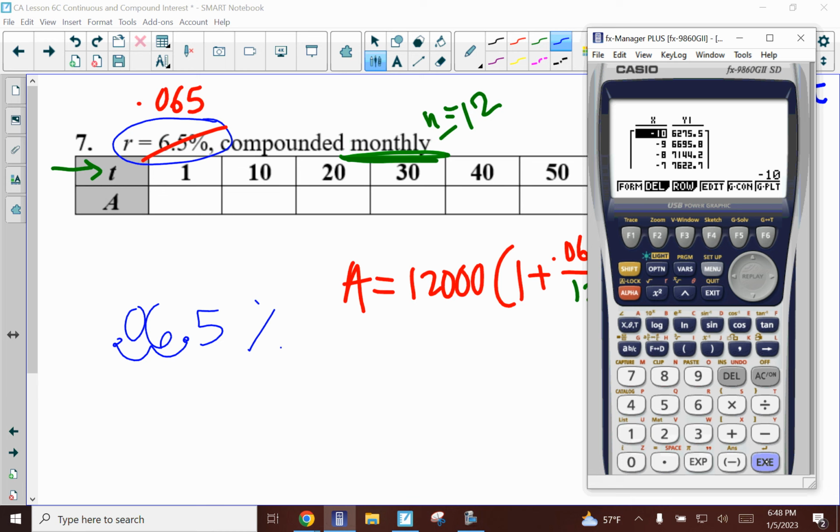After 1 year, your money is going to grow to $12,803. After 10 years, your money is going to grow to $22,946. After 20 years, your money is going to grow to $43,877.